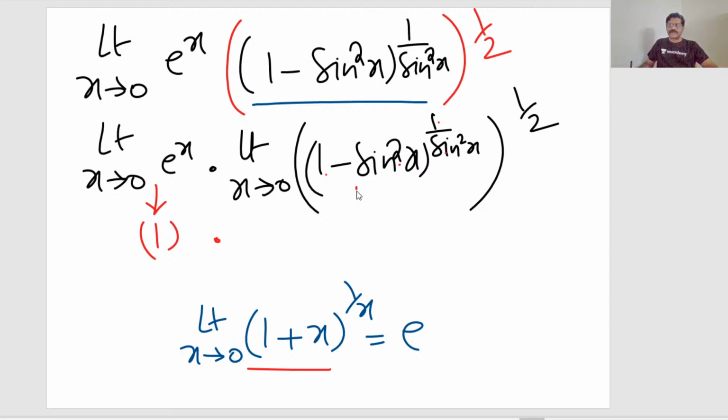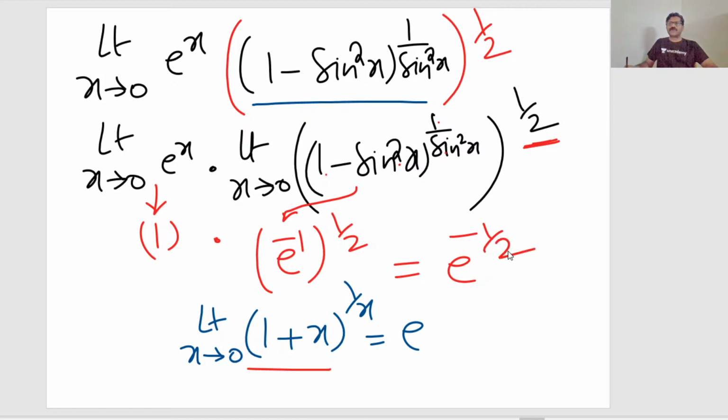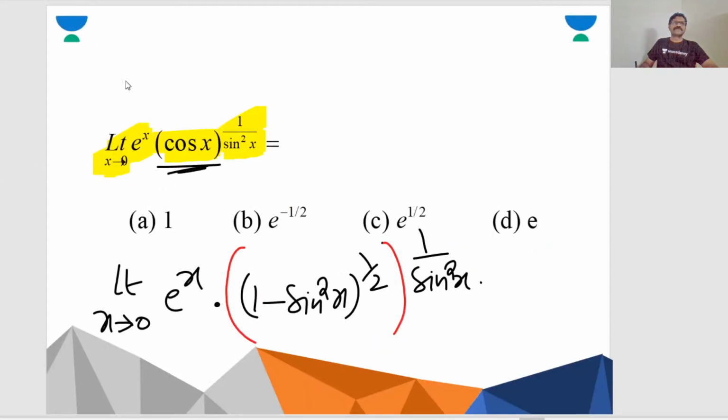So here this will give you e^(-1) whole power 1/2. Therefore, the final answer is e^(-1/2). Correct option is the second option. Understood?